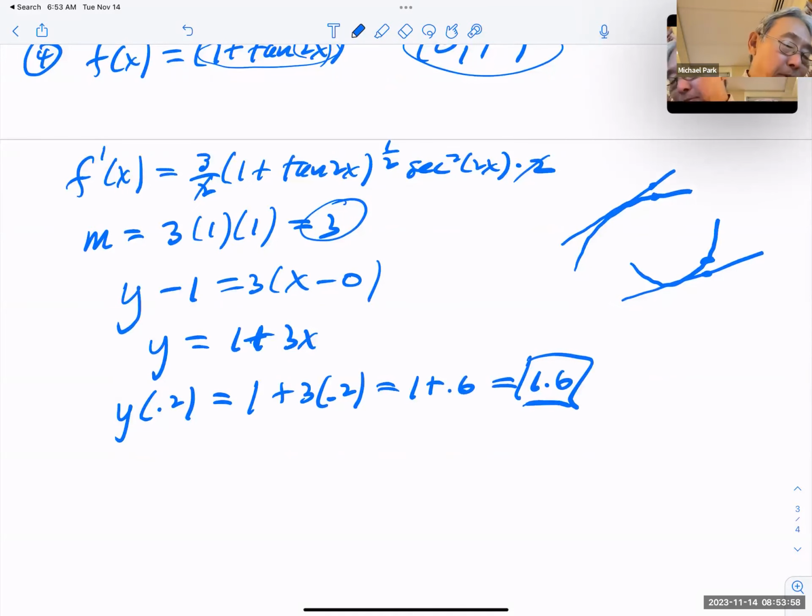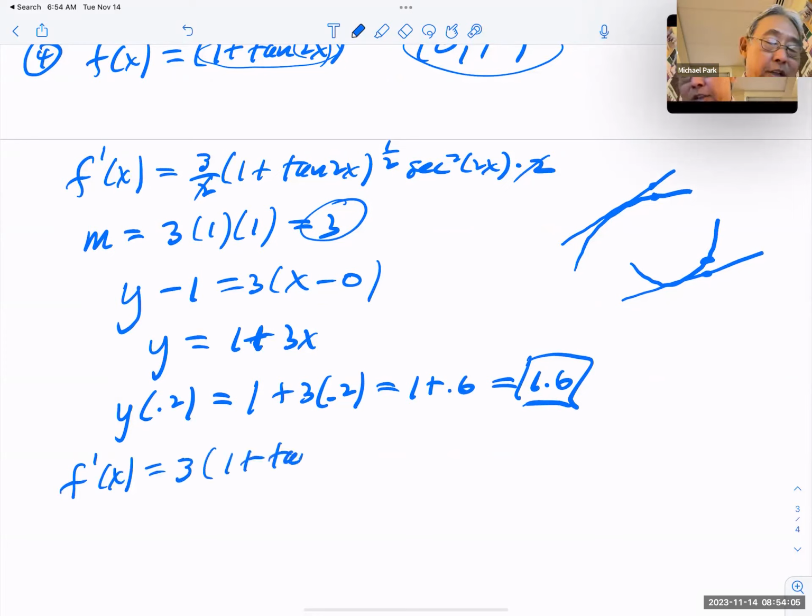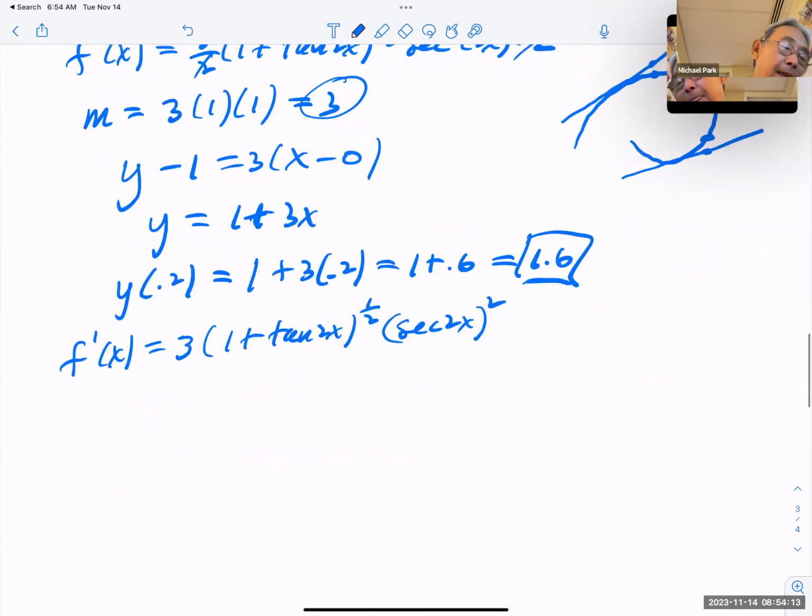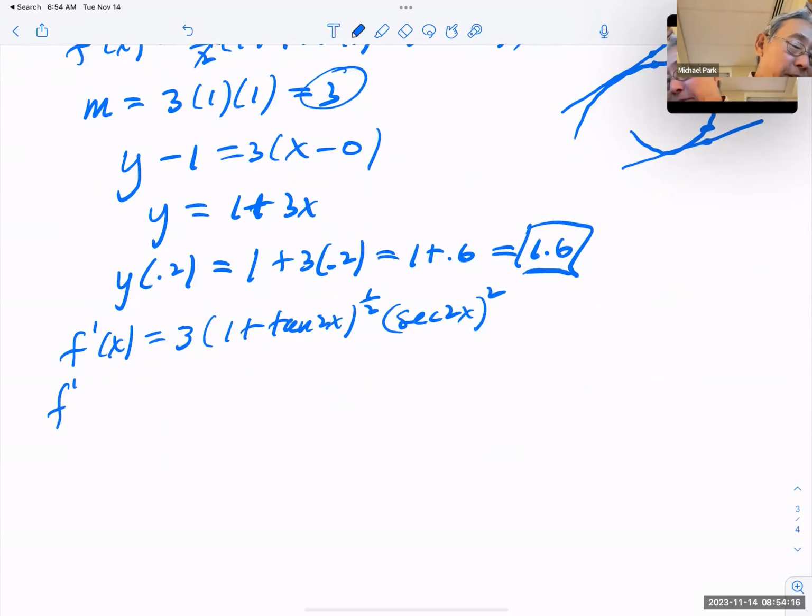Let's rewrite this problem. Here's the first derivative. The first derivative is 3 times (1 plus tangent 2x) to the half times secant squared 2x, which is secant 2x quantity squared. Now we need to compute the second derivative in order to figure out concavity. So this 3 can be tossed on the side.